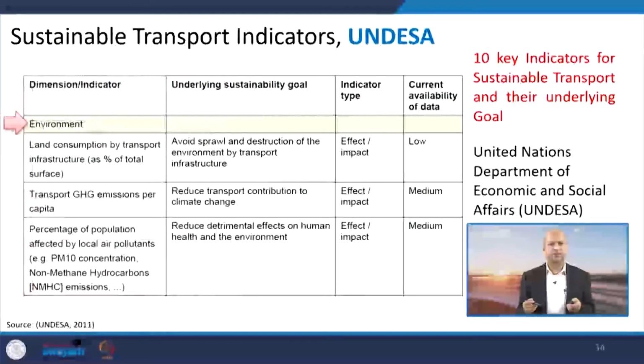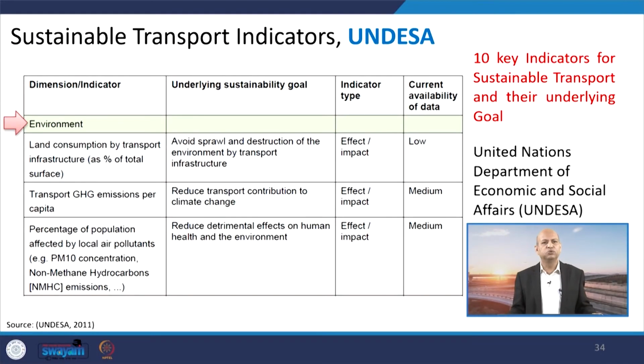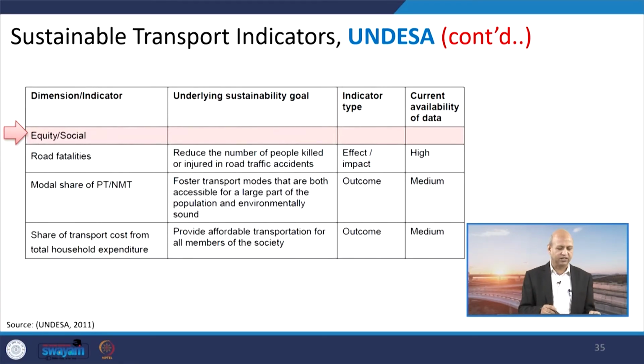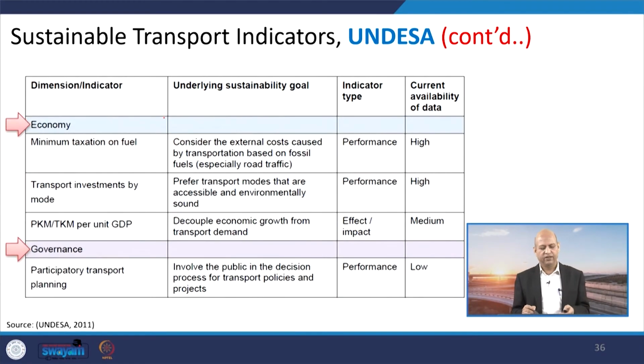are there. And when we talk about this UNDESA indicators, United Nations Department of Economic and Social Affairs, they have also proposed sustainable transport indicators. So, they are basically on environment. So, they have given different kind of values, 10 indicators are there, okay, social, road fatalities, all those things are included in this, economy, governance.